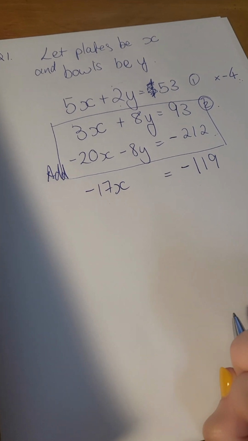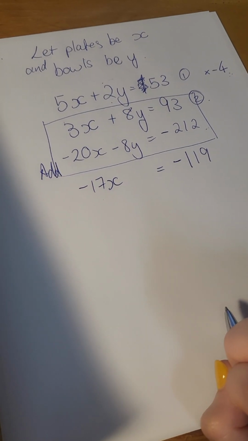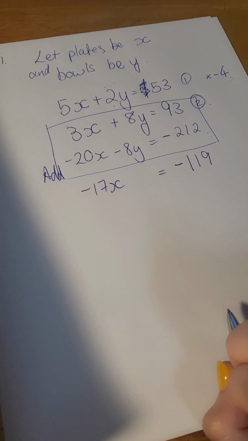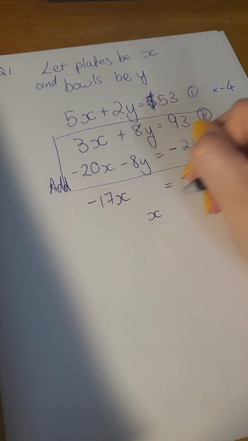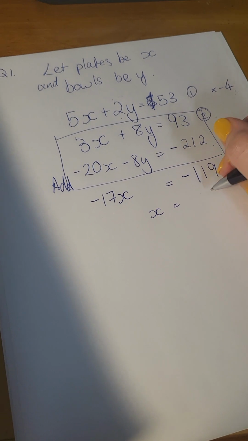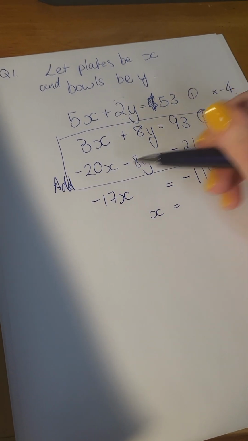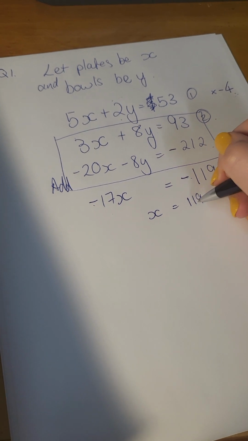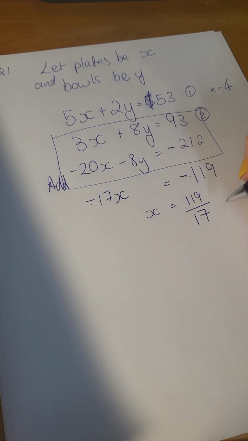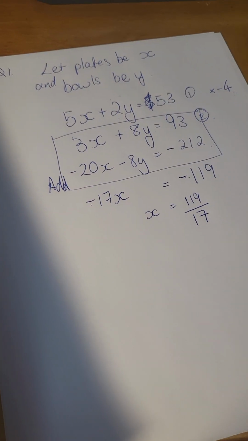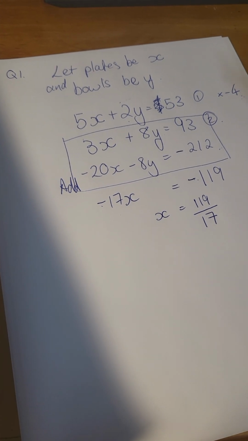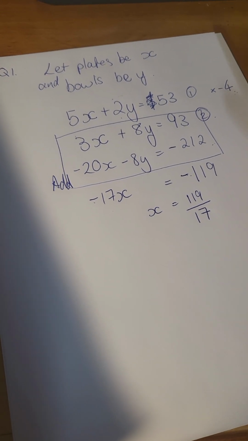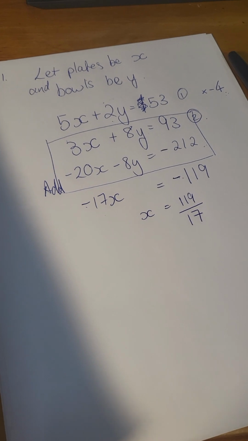I'm hoping at this point that 119 is going to be divisible by 17 because that'll make my life easier. Let's have a go at that. So we've got 2 negatives, so we'll end up with a positive. So I'm going to end up with 119 divided by 17. Let me think through this. Can I do it without a calculator? Or will I be lazy? Let's grab a calculator out.